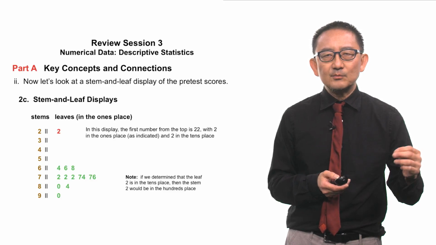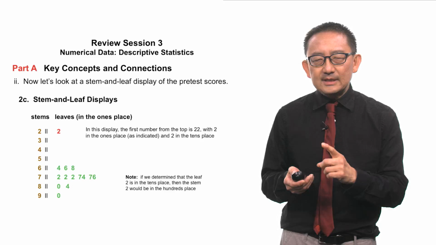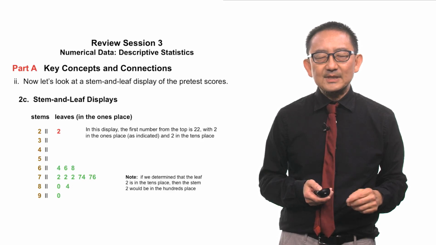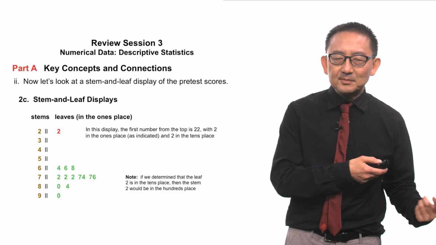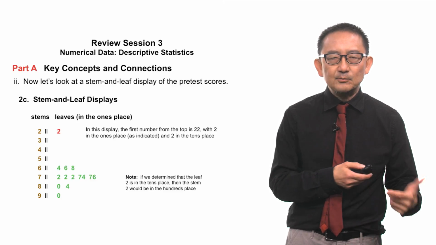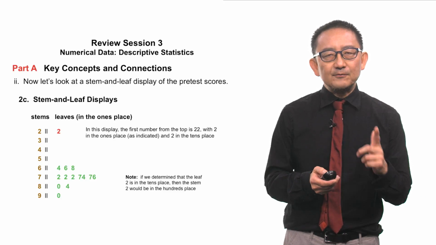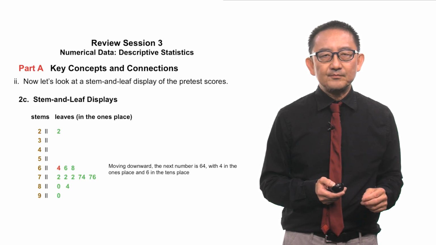Therefore, we would have the number 22. Now, keep in mind that if we decided to define the 2 in the leaves as being in the tens place, then the 2 in the stem would be thought of as in the hundreds, and we would have 220. But for this, we're considering the leaves to be in the units place.